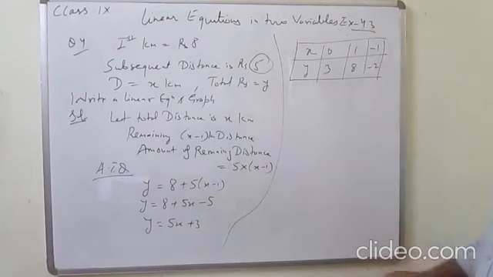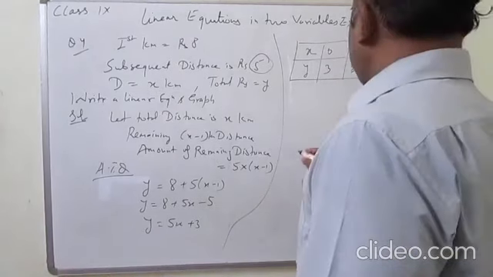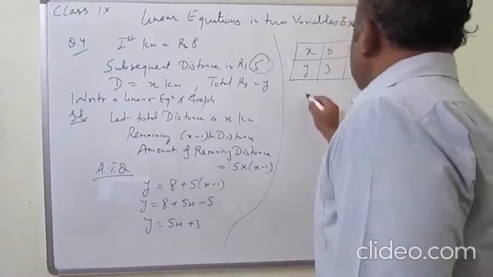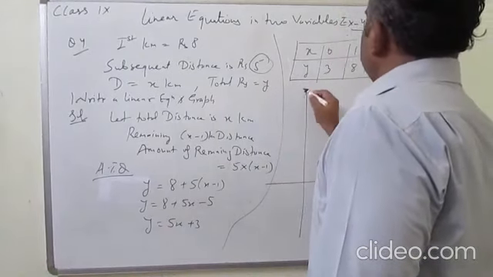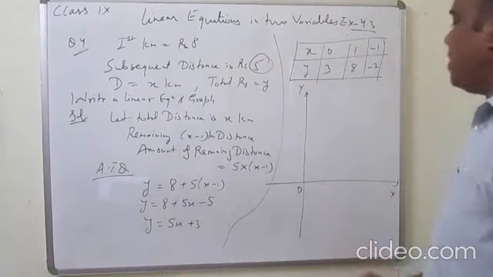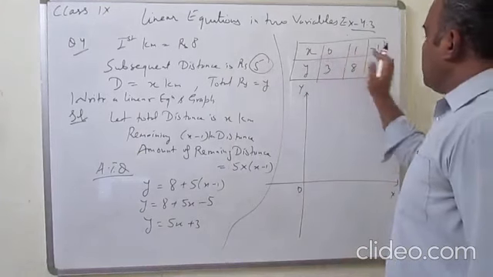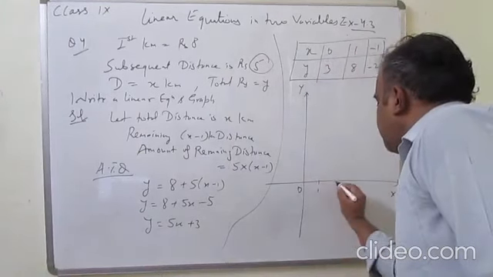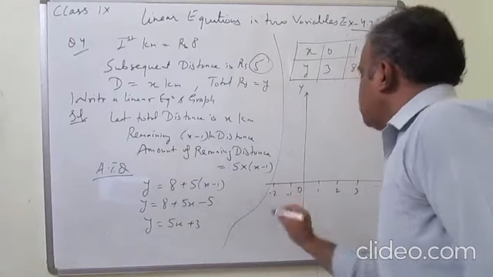Now I am going to plot a graph of this. Instead of graph paper I will take a small way where I can plot. This is the y axis, this is the x axis, this is the intersecting point. Now on the x axis there are 0, 1, 2, 3, minus 1, minus 2.